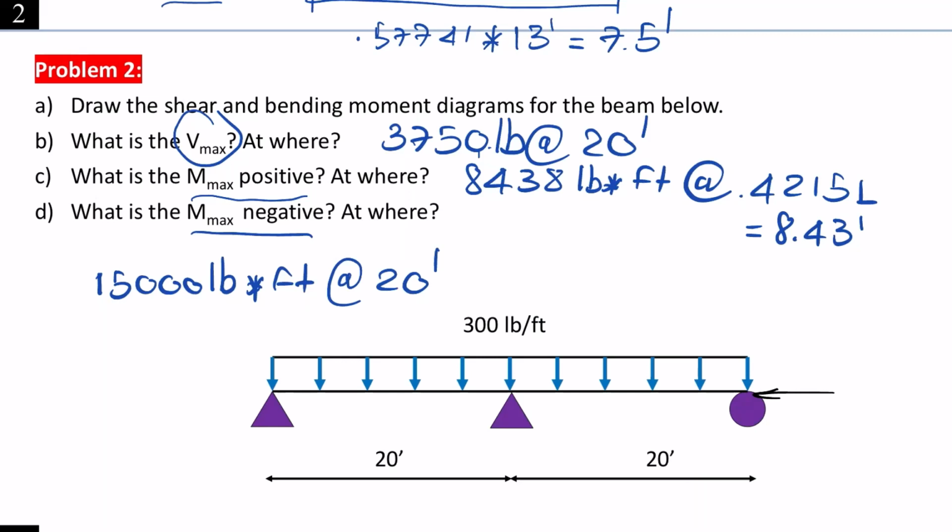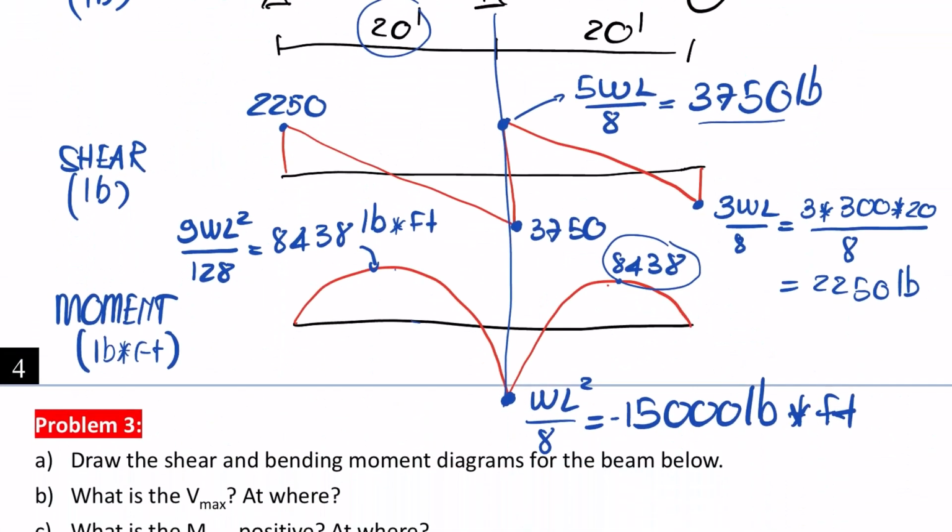But basically, if you have Mmax positive, you need to put the rebar on the bottom of the beam. And if you have Mmax negative, then you put the rebar on the top of the beam. That one is very important. So for now, just keep in mind how to recognize Mmax positive and Mmax negative and how to calculate it.